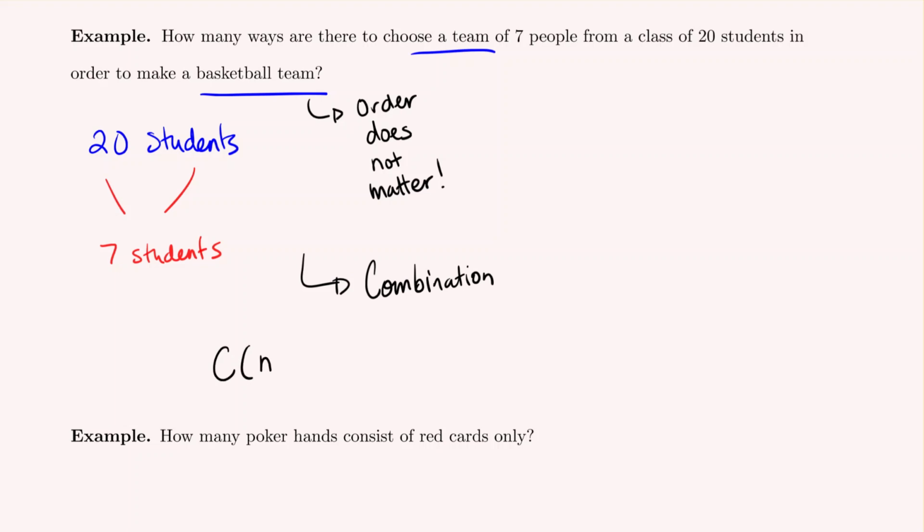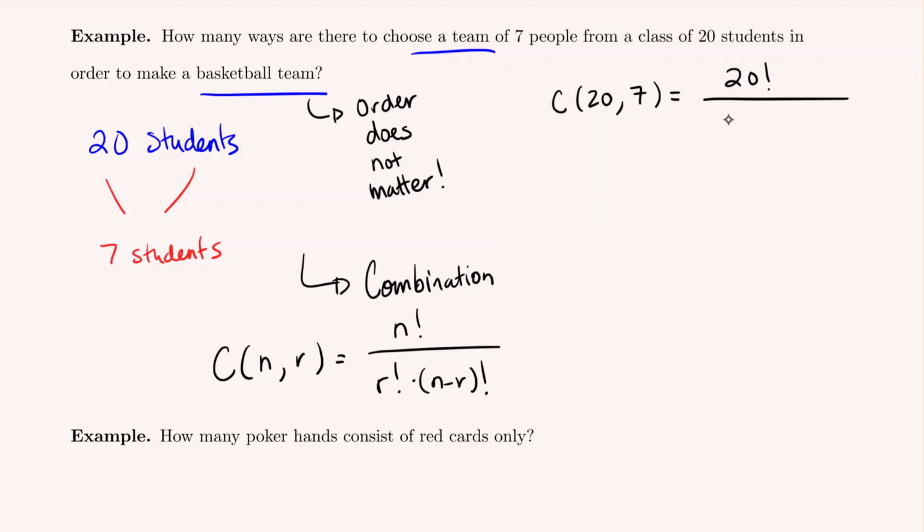The combination from n total objects into r smaller is n factorial over r factorial times n minus r factorial. Now for our particular example, n is 20. We started with the larger collection of 20 students. We're selecting only 7, so that's 20 factorial over 7 factorial times 20 minus 7 factorial. The bottom would simplify. 20 minus 7 is 13.